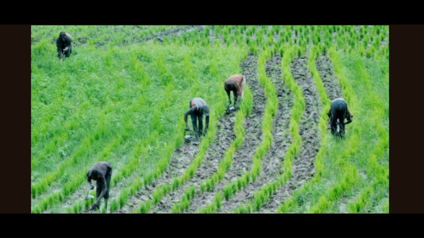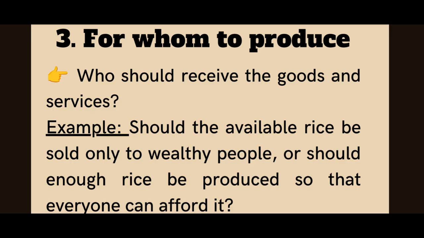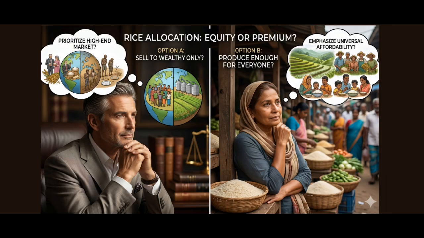So let's go to the third one now, which is for whom to produce. Who should receive the goods and services? For example, should the available rice be sold only to wealthy people, or should enough rice be produced so that everyone can afford it? You can see the two producers here.